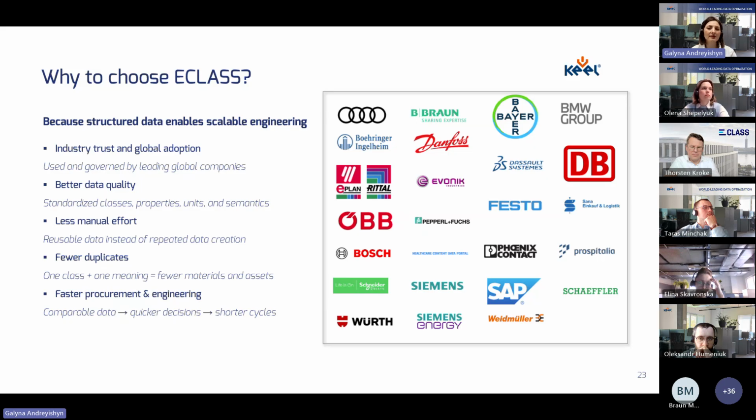Standardized classes, properties, units, and semantics are already available within ECLASS. Instead of continuously creating new internal elements on request, you can rely on a globally recognized structure that is ready to use. With proper classification, you not only cleanse existing data, you also prevent future duplicates. The result is more reliable master data, fewer redundant materials and assets, and ultimately faster procurement and engineering processes.